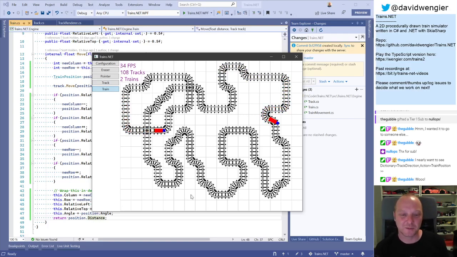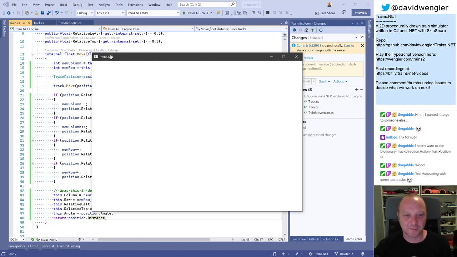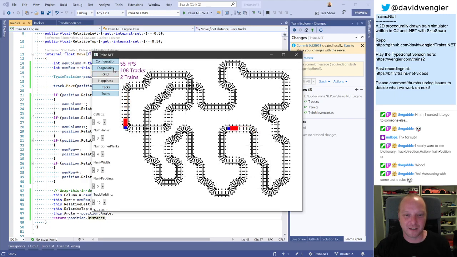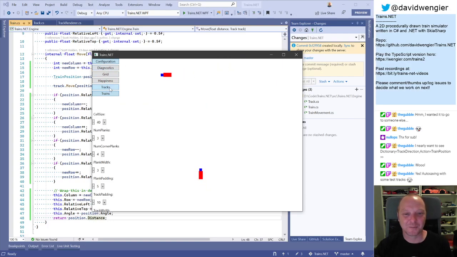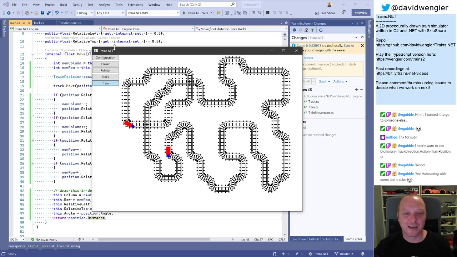And new track types, and auto-save, and trying to work out this layout bug. That one. Happiness. I should get rid of happiness. Trains. Relax. Yeah, I can actually get more fun, but also easier code from now on, which is really good.